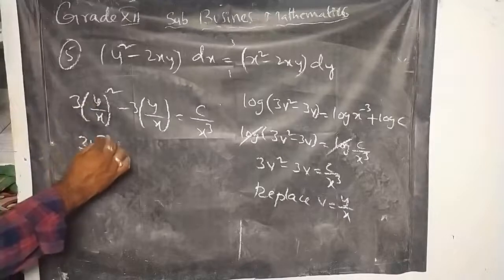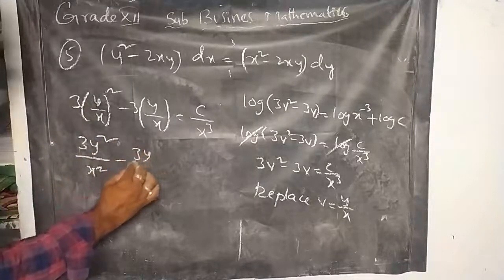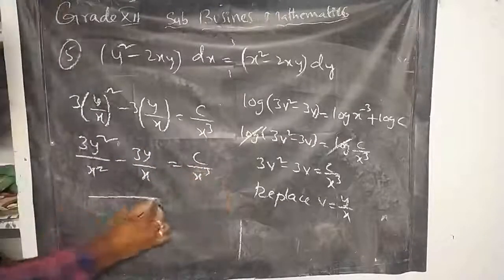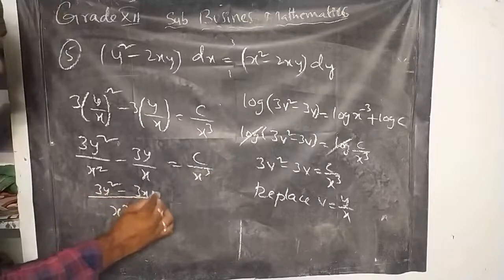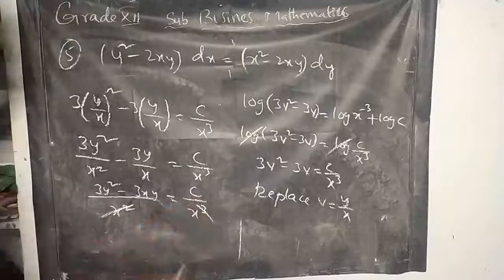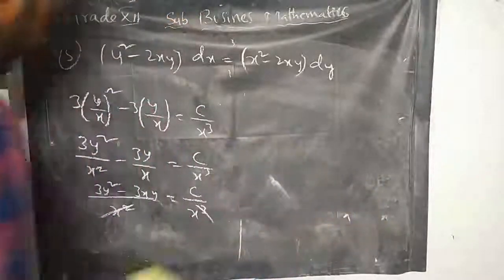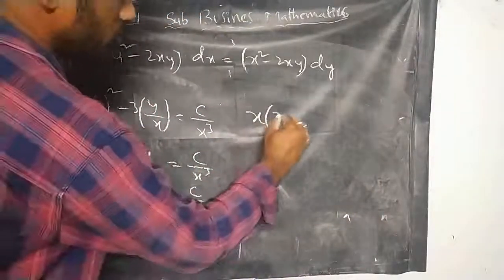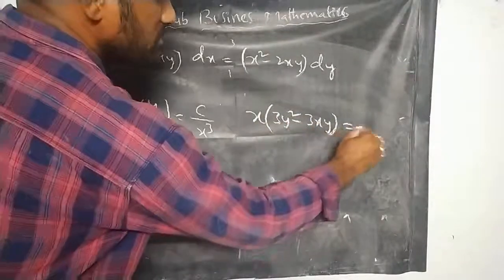So 3y square by x square minus 3y by x is equals to c by x cube. So the denominator is x square. So 3y square minus 3xy divided by x square is equal to c by x cube. X square cube cancel. So the final equation will be x into 3y square minus 3xy is equals to c.